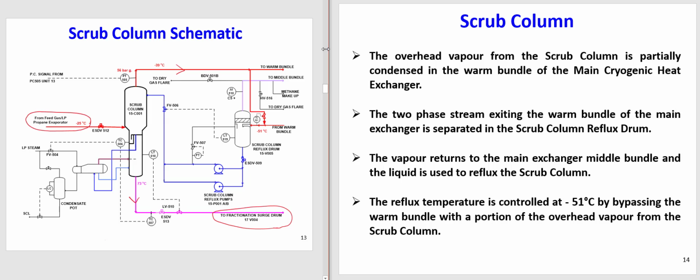The overhead vapor from the scrub column is partially condensed in the warm bundle of the main cryogenic exchanger. So at the top the vapor is at a temperature of about minus 39, and it will be sent to the warm bundle of the main cryogenic heat exchanger.